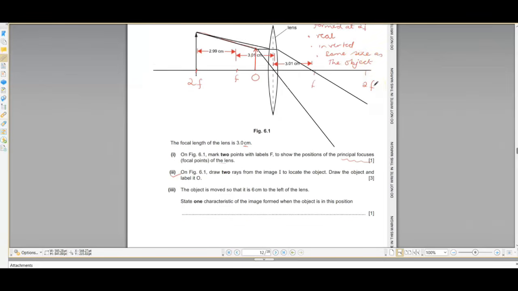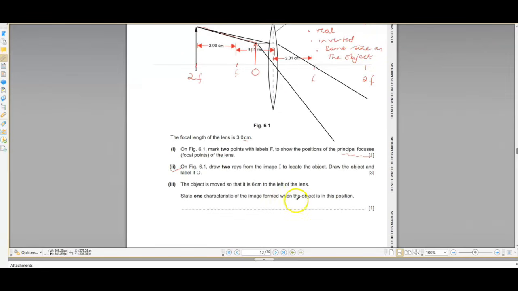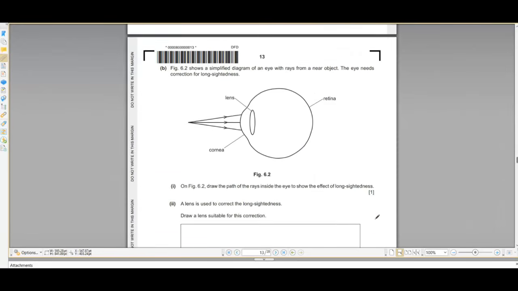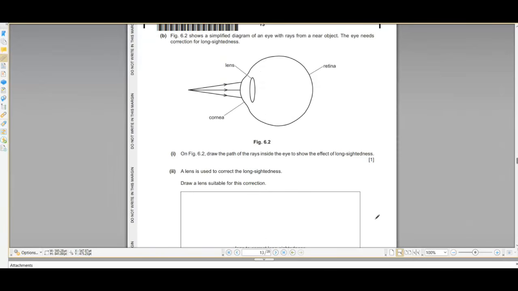So they've asked us one characteristics of the image formed when the object is in this position. So you may write real, inverted, or same size as that of the object. ठीक है? One of these and you will get your mark. ठीक हो गया?